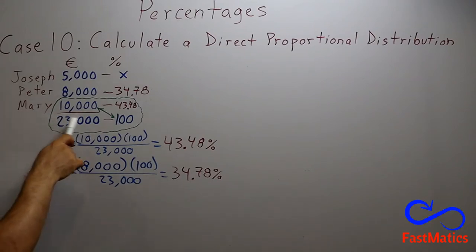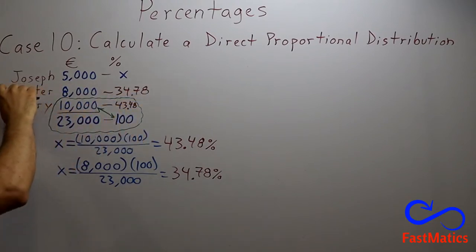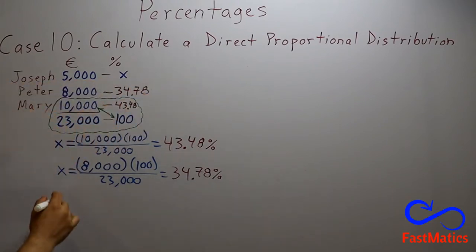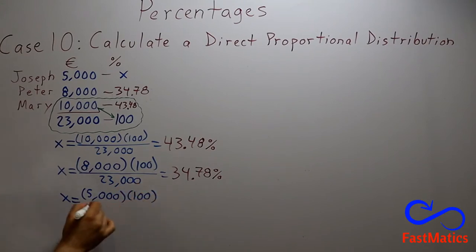Now we're going to see Joseph. So we work with the total line and with the Joseph line. We're going to forget Peter and Mary a little bit. And we write x is equal to 5,000 times 100 divided by 23,000.